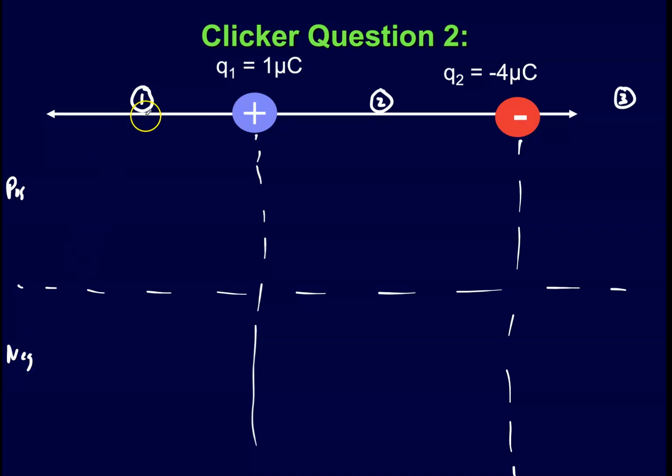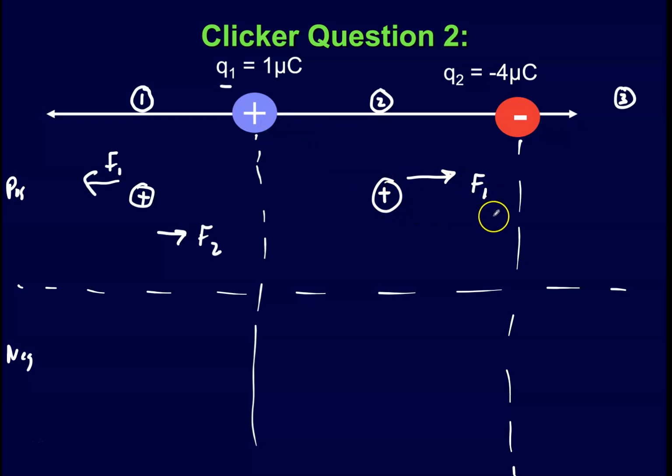If this charge was positive, the forces would look like this. Imagine the charges are over here, and we'll call them Q1 and Q2. Here, force 1 is pushing this way, and force 2 is pushing this way. In the middle, if it's a positive charge, force 1 is going to be repelling.